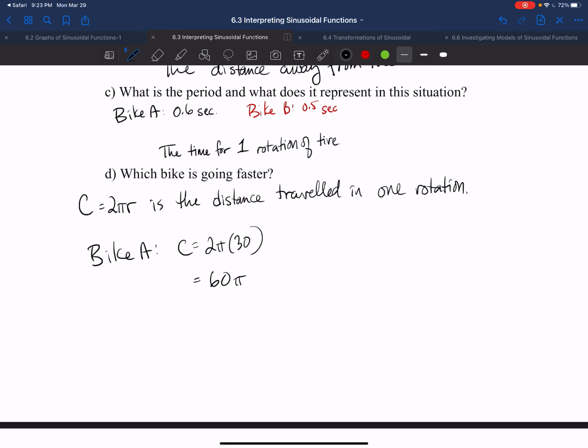So now we can figure out the speed because it's distance divided by time. So the distance that it travels is 60 pi, and it took 0.6 seconds to do that. So if I divide this, I need to get the calculator out.